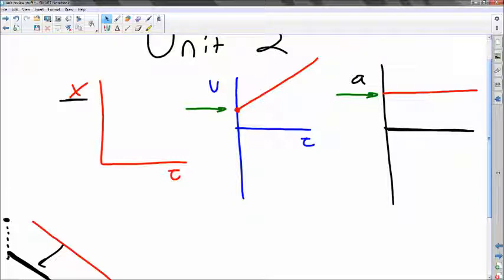However, what would it look like if the thing would start with not a positive velocity, but a negative velocity? What if it started down here? We can't change the slope of this line. I mean, we already said it has a positive acceleration. We drew this line. All we're doing is changing the starting point of the velocity. So if the velocity starts negative, then it's going to start down here.